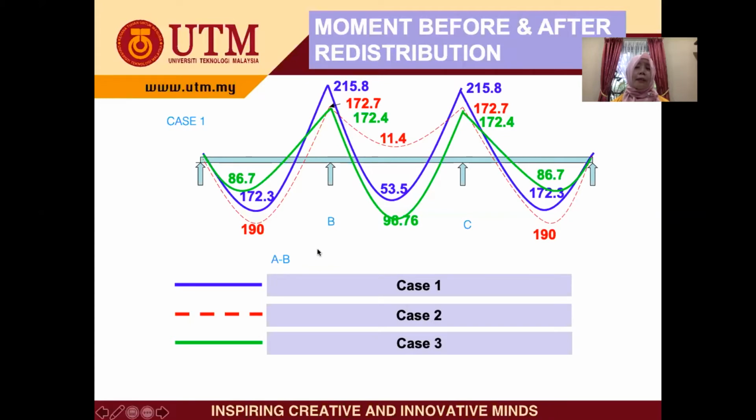For example, here we have 3 cases. So we will redistribute the moment at support B for every case, and then we plot in the same diagram.